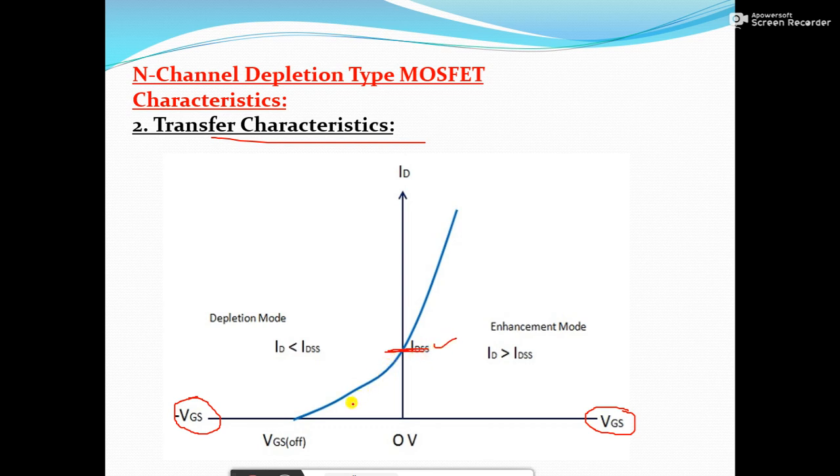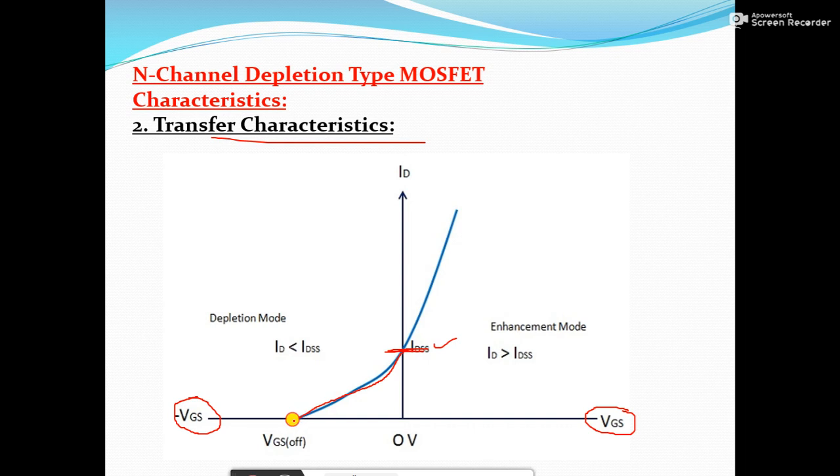Whenever negative VGS value is applied, the channel conductivity will go on decreasing, or you can say the channel will go on depleting the free charge carriers from its channel. So means the current will try to decrease at some point of time.